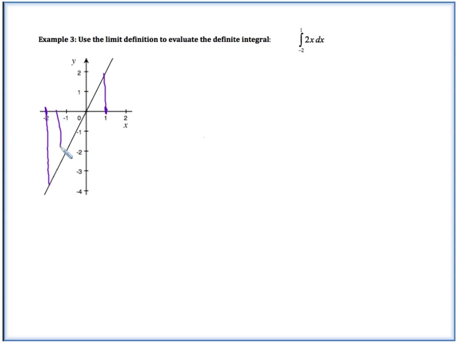And so again, we're going to think about using our rectangles here. And notice our partitions can be anywhere. So I'm just going to draw a couple of them so we can see what we're doing.